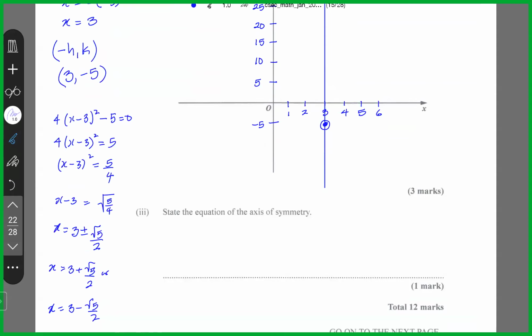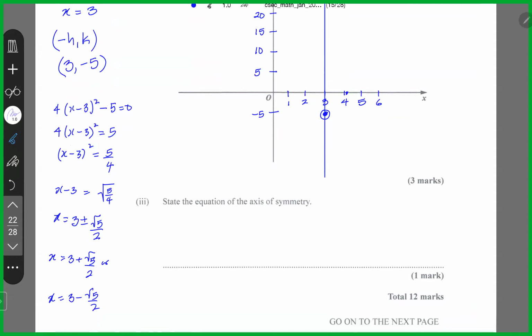So it's 3 plus the root of 5, divided by 2, and that is equal to, as a decimal, 4.1. So let us say 4.1 is here. And 3 minus, and this is 1.9. So 1.9 would be about there.